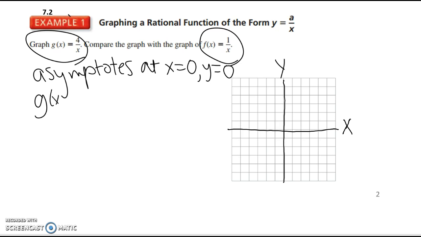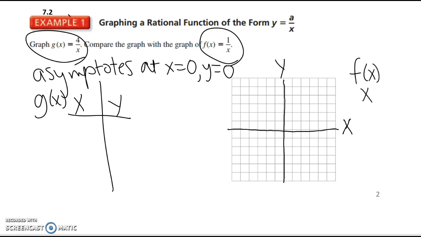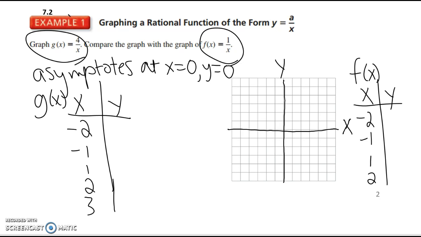And for g of x, I'm going to make an xy table to plot some points. And I'll do the same thing for my f of x. So for f of x, we're going to get negative 1/2, negative 1, 1, and 1/2 in our table.